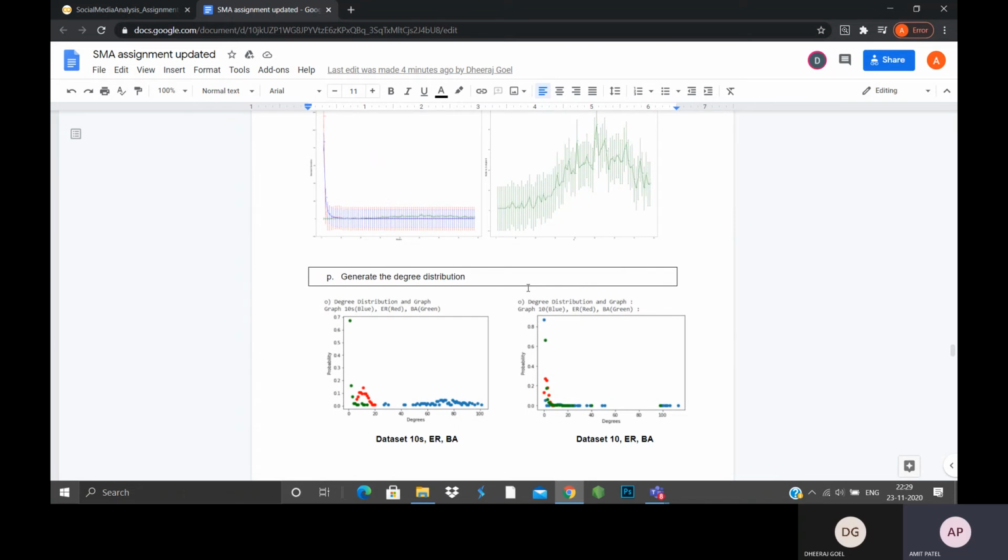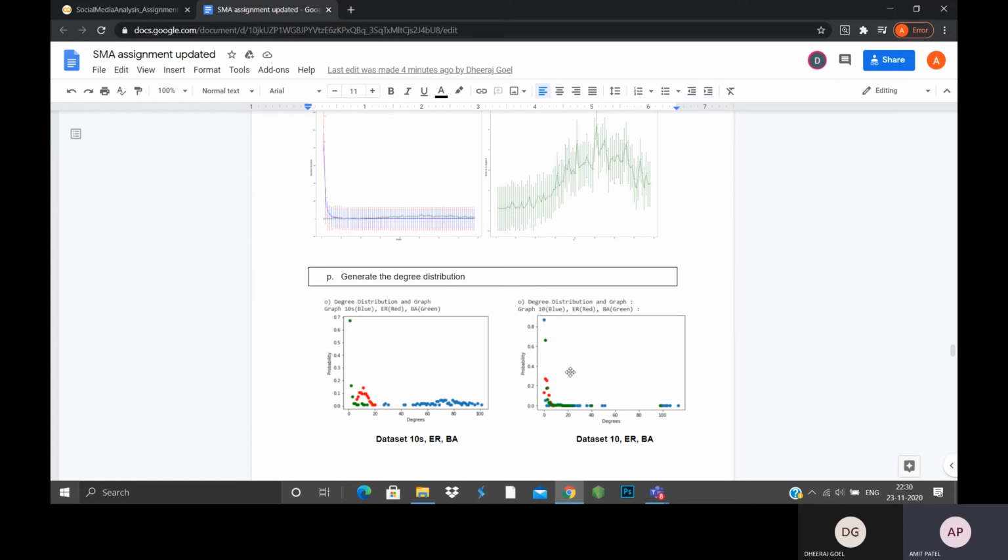Generate a degree distribution. For the part of degree distribution, as you can see, the BA graph, which is green, is showing a somewhat fixed exponential degree distribution.